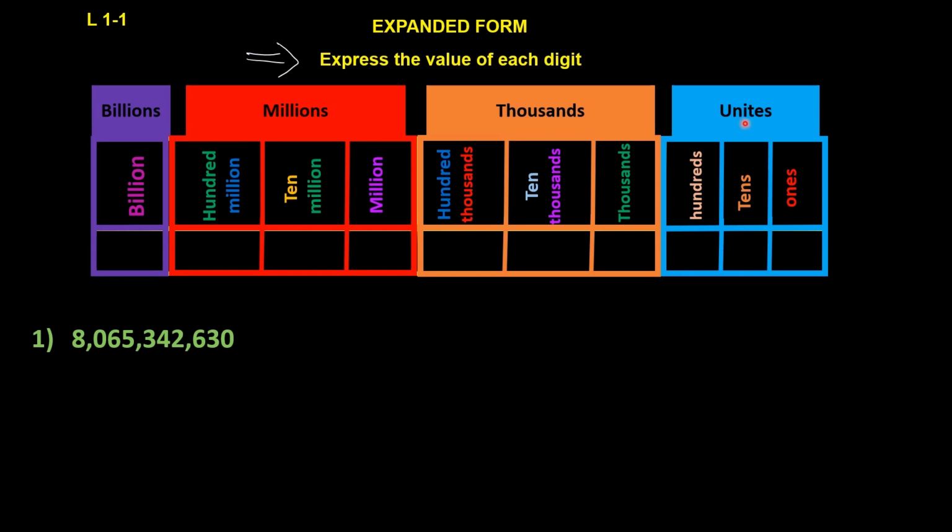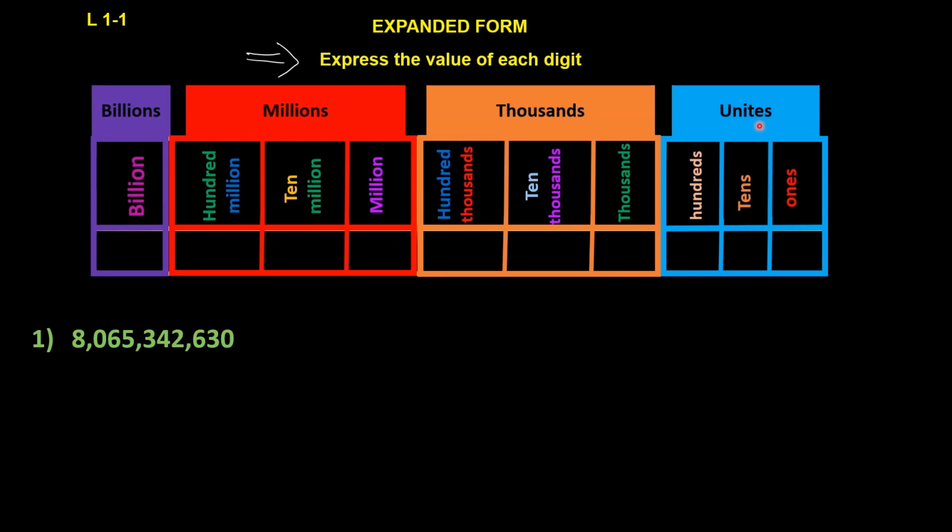But before we start, let's remember the periods and how many digits inside each period. Period number 1 here, units. Inside each period, 3 digits. Period number 1 is units, period number 2 thousands, period number 3 millions, period number 4 billions.